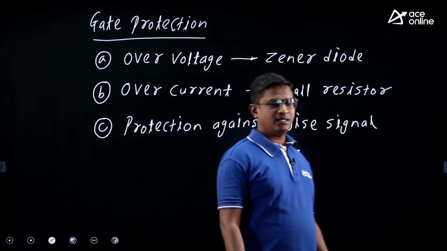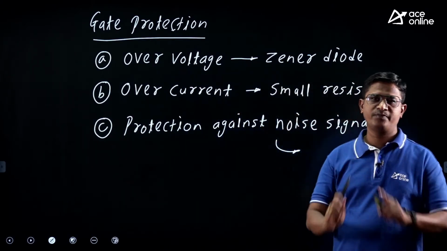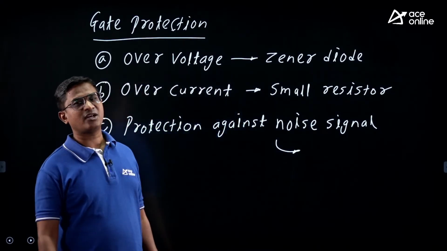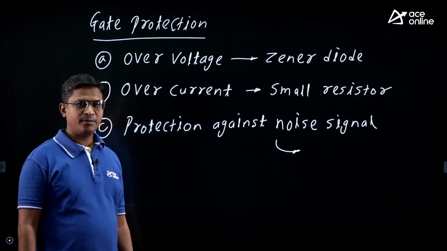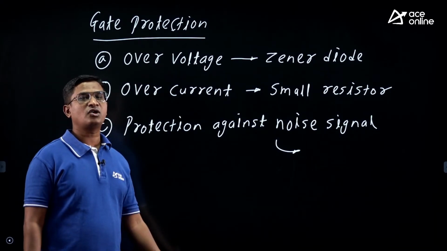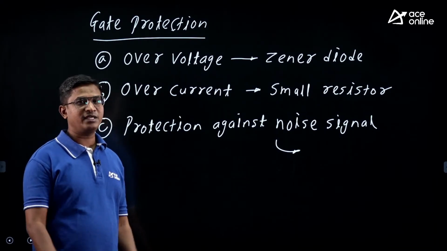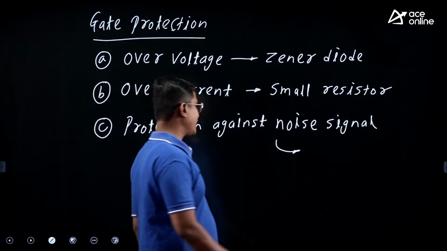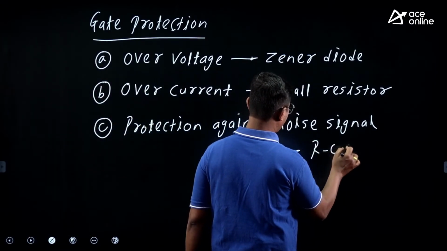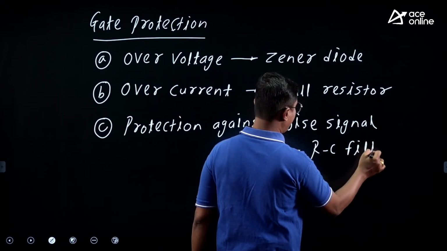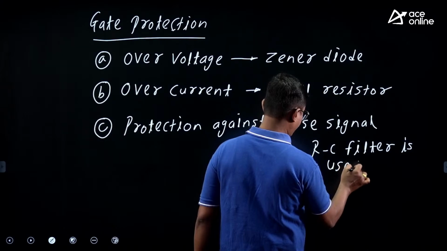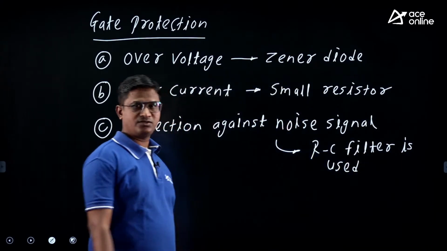Because due to the surrounding noise, there is a possibility of induced EMF in the gate cathode circuit of SCR, and because of that, your SCR may turn on. So to avoid this, we need to protect it against noise signal. So how to protect? For that, an RC filter is used.